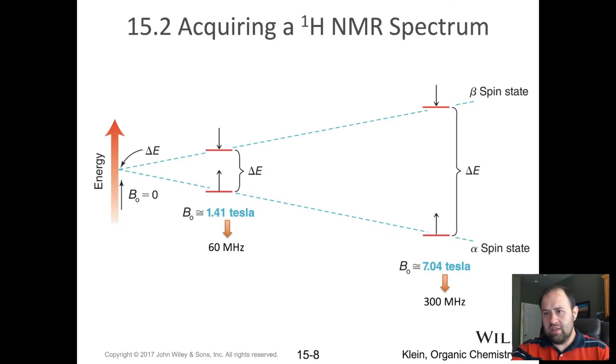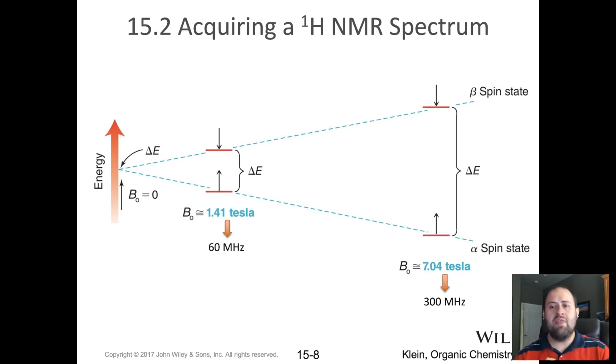So once again, this is just showing that idea. We'll talk about shielding more with chemical shift, but this is even saying that if you have a different strength magnet, you're going to cause a different splitting in the energy, regardless of the chemical environment that the nuclei are in. The strength of the magnet gets associated with a center point frequency of radio electromagnetic radiation that is common for that NMR machine.